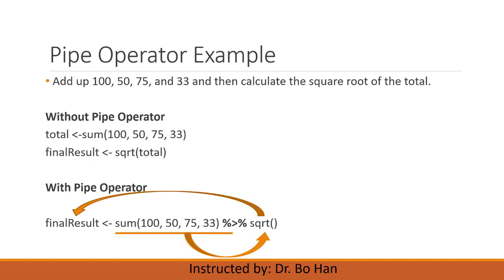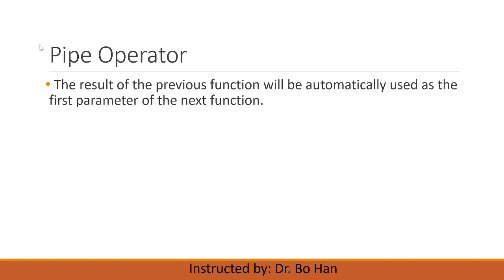Notice that when we use the pipe operator, at the end, the sqrt does not need us to give it a parameter anymore. Why is that? This is a key feature of the pipe operator. When we use it, the result of the previous function will be automatically used as the first parameter of the next function.